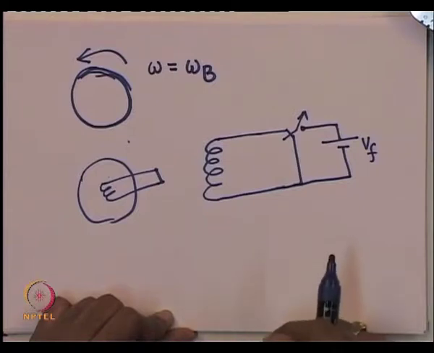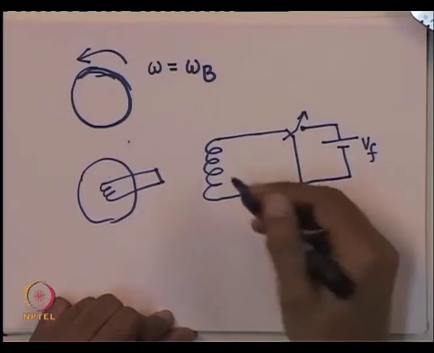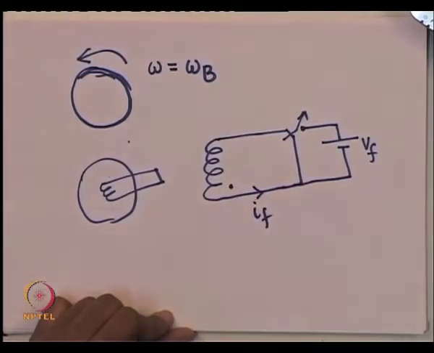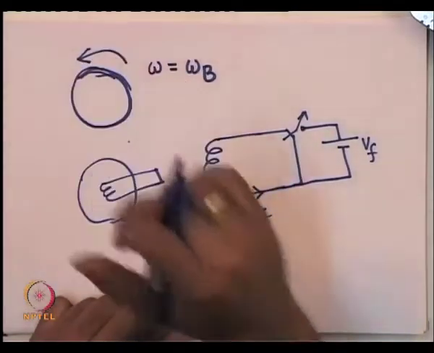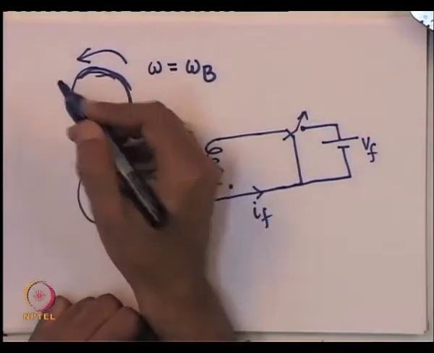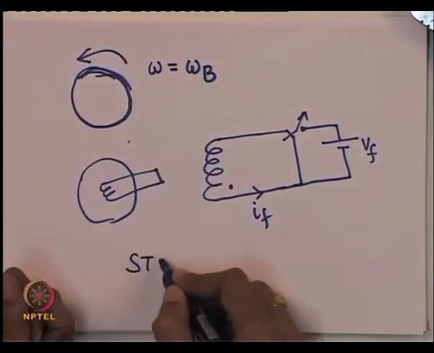Remember the current according to our convention comes out of this dot. If you apply a voltage V f on the field winding, some voltage will start getting induced on the stator winding. So, what we will do is assume that the stator winding is open circuited.